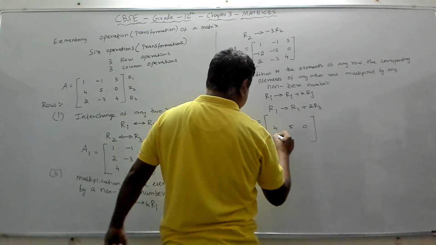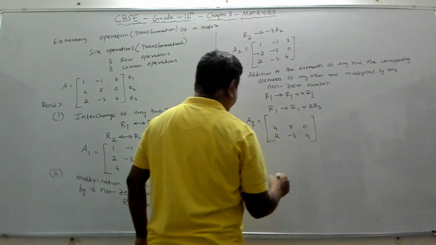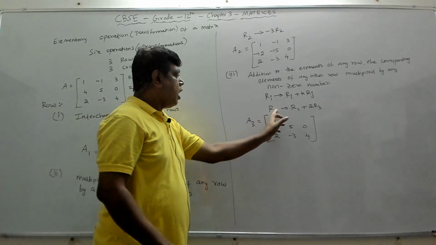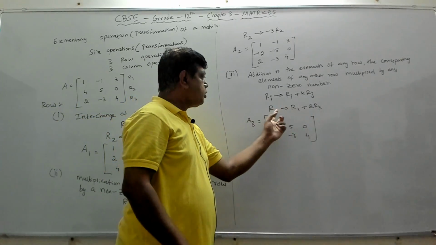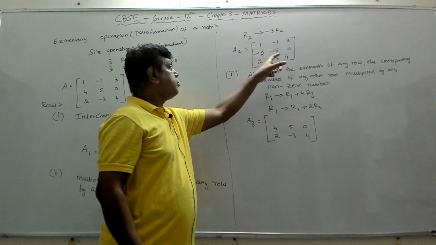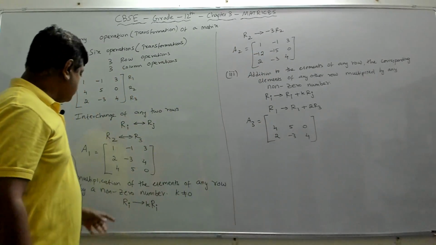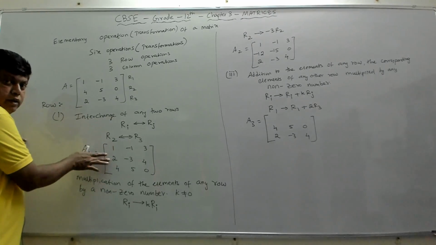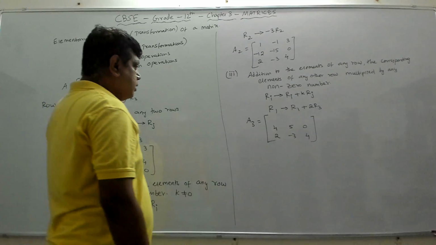Then 2, minus 3, 4. R1 implies R1 plus 2 times R3 means only row 1 is getting changed. Row 2 and row 3 have no changes.